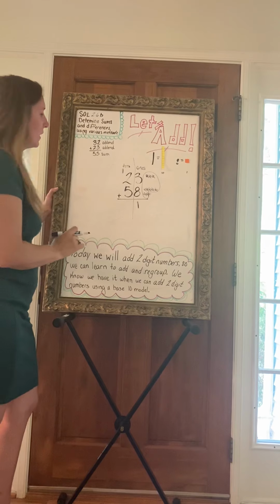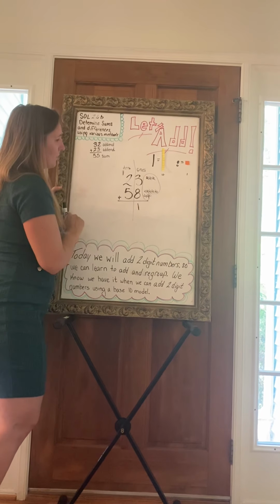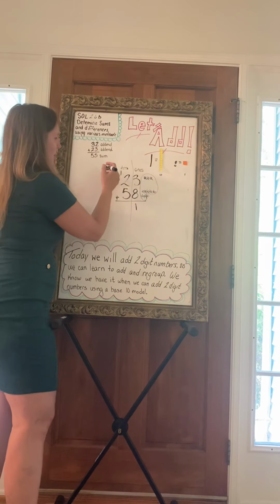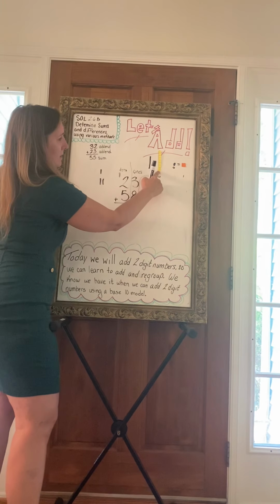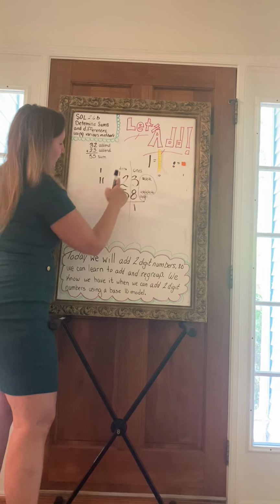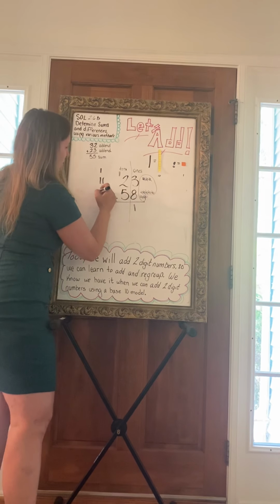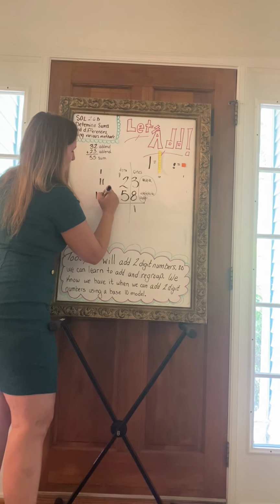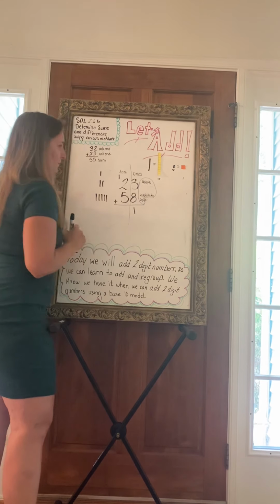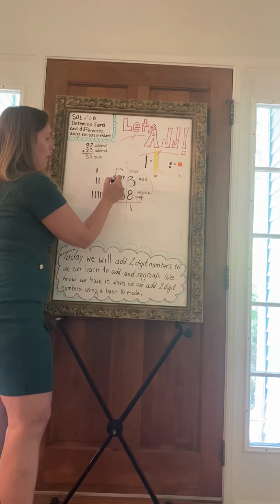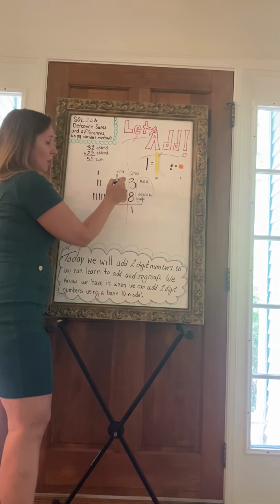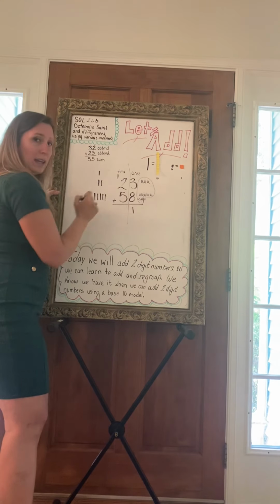That's great. Now let's look at our tens. Let's draw them out. I've got 1 ten here. I've got 2 tens. Remember, I draw my stacks of 10 as just a line. And I've got 5 tens here. 1, 2, 3, 4, 5. Now we can add these together saying 1 plus 2 equals 3. 3 plus 5 equals 8.